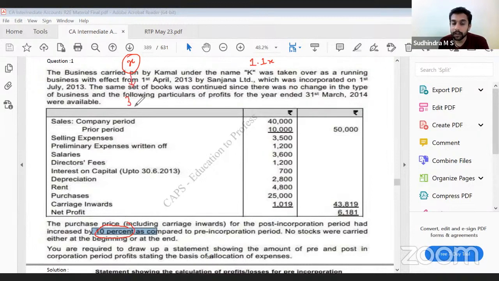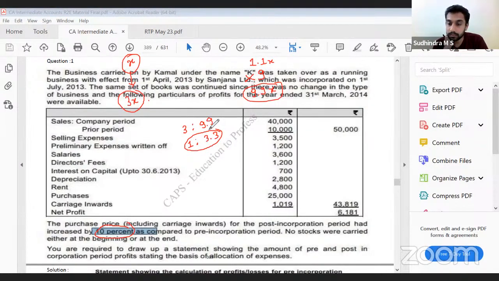Pre-incorporation period was 3 months, so total purchases is 3x. Post-incorporation period is 9 months, total purchase is 9.9x. So 3x is to 9.9x, or 3 is to 9.9. Further simplified, 1 is to 3.3. 1 is to 3.3 will be the ratio.